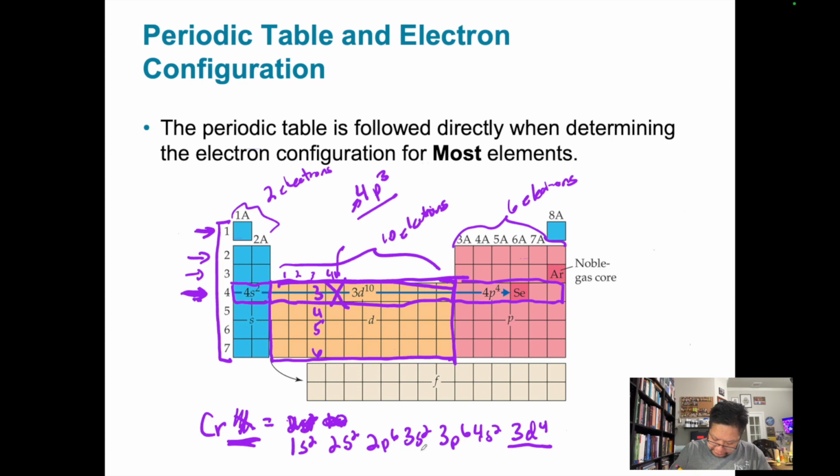So the condensed version would just take all that stuff out, and all it would be is argon in the brackets, and then just this row right here that doesn't include the argon, which is 4s2 3d4. See?